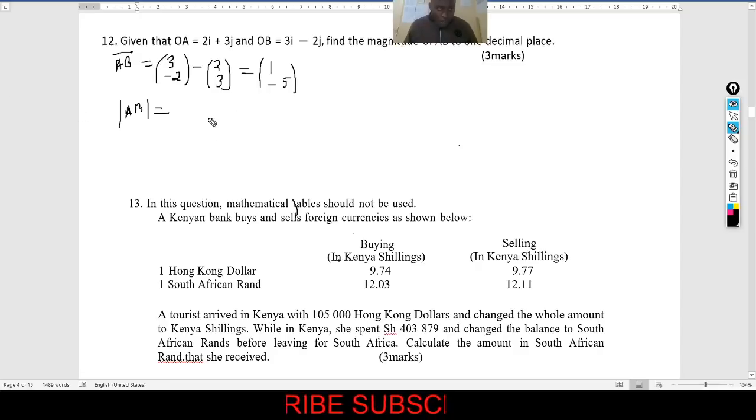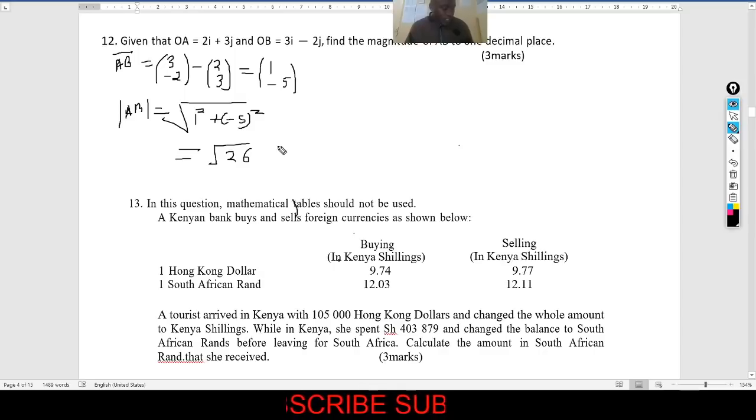So it is the square root of 1 squared plus negative 5 squared, which is the square root of 26, since 25 plus 1 is 26.